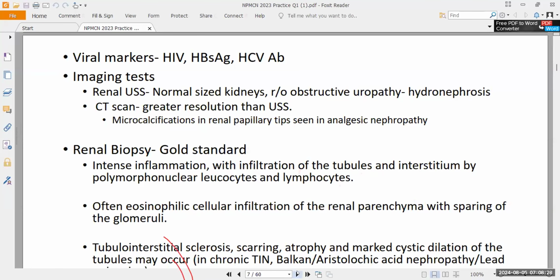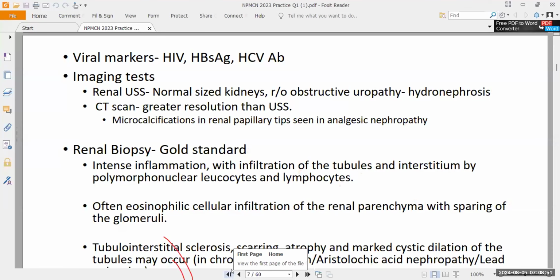I'll also screen the patient for HIV. I'll also screen for Hep B and C, because one of my differentials is HIV-induced tubulointerstitial nephritis. If it's positive, HIV can cause HIV-associated nephropathy in addition to the tubulointerstitial nephritis.